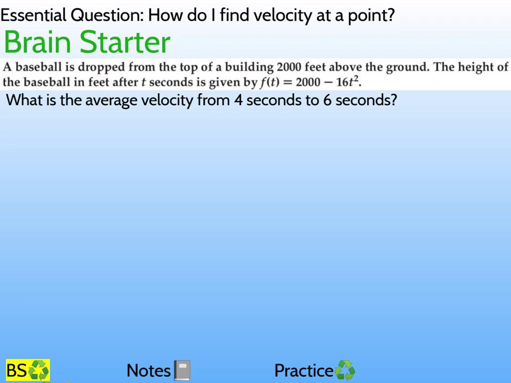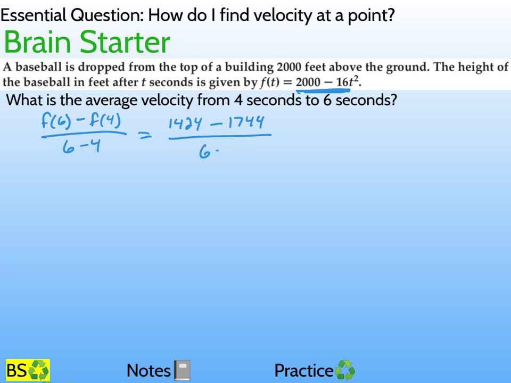To find the average velocity, you would be looking at f of 6 minus f of 4 all over 6 minus 4. Now, plugging in 6 into this function right here gives you 1424. Plugging in 4 into the same function gives you 1744.